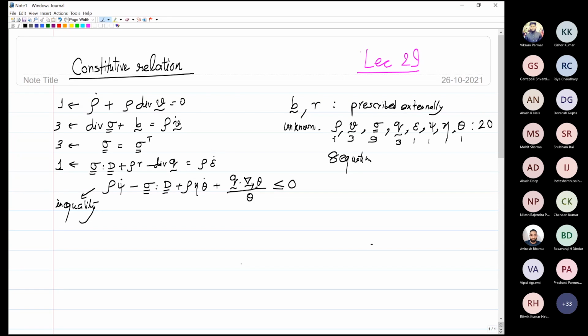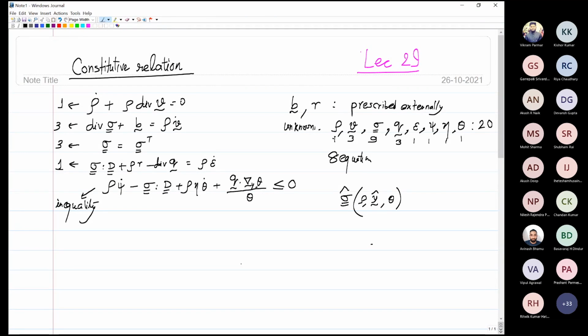So that's where the need for constitutive relations arises. This was also a question yesterday. So we have to know a function for sigma, let's say sigma hat, in terms of kinematic quantities, which could be rho or the deformation map y hat or theta.